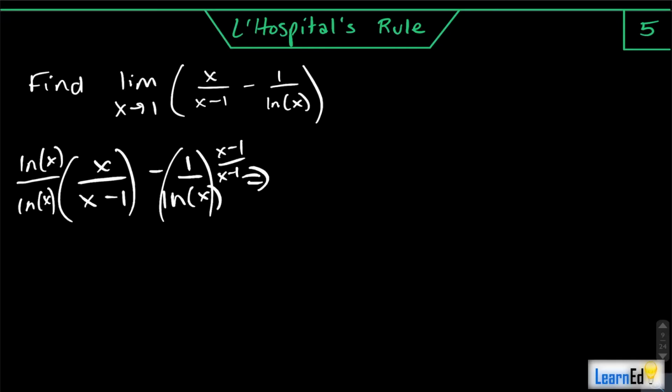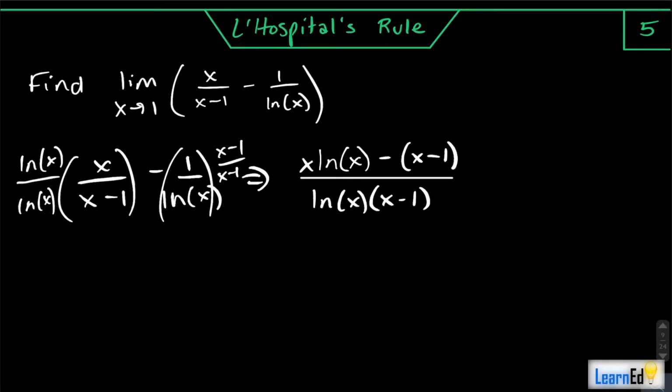So we just end up getting x times the natural log of x minus x minus 1, over natural log of x times x minus 1. Now we look at the limit as x approaches 1 of this quantity. Sorry, this is not what I wanted to put down there.